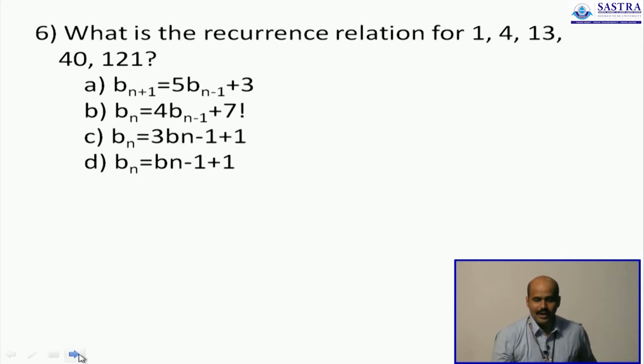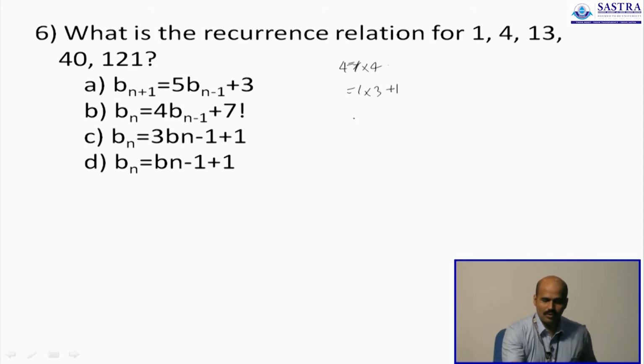Now we are back to the guessing game. We are trying to find the recurrence relation for the sequence 1, 4, 13, 40 and 121. We'll have to do a trial and error basis here. So 4 is 1 times 1, 1 times 4, or 1 times 3 plus 1, or 1 times 2 plus 2, etc., so on and so forth.